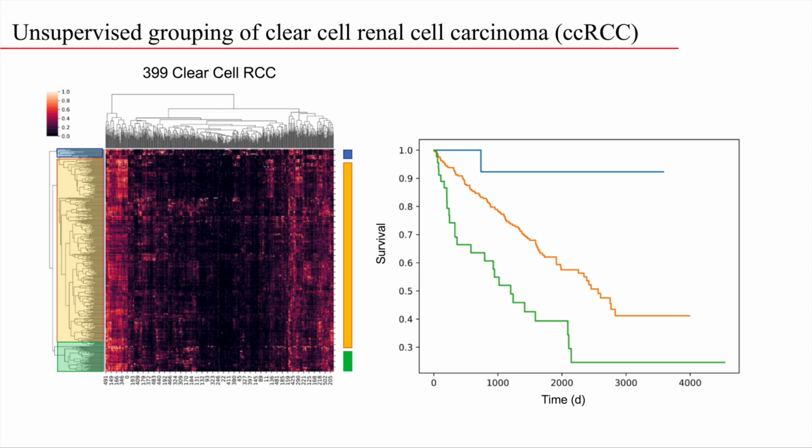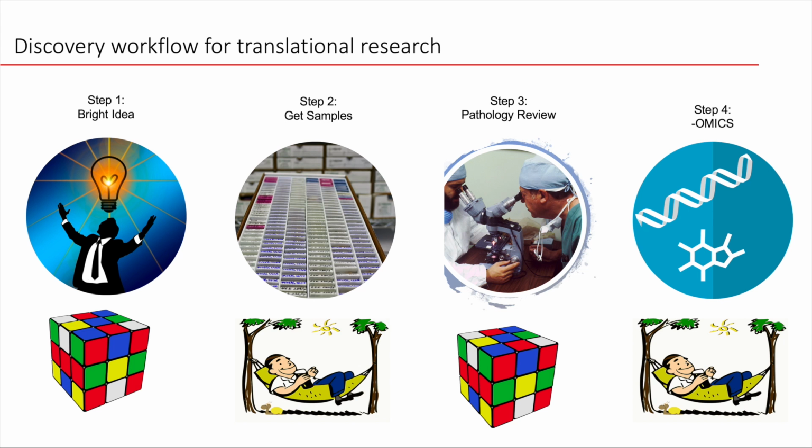So we think that this is a way that you can in fact automate class selection or tumor selection to find interesting biological patterns that may be in fact interesting to analyze using omics technologies.